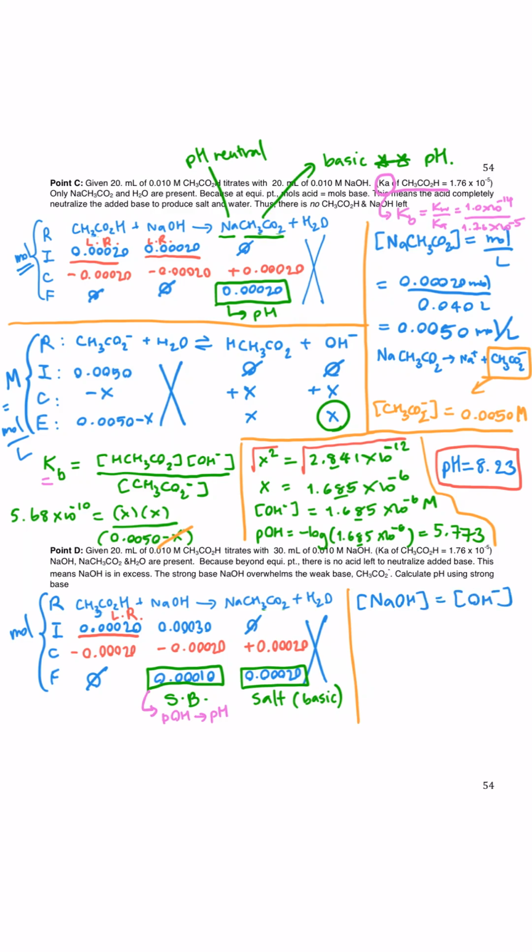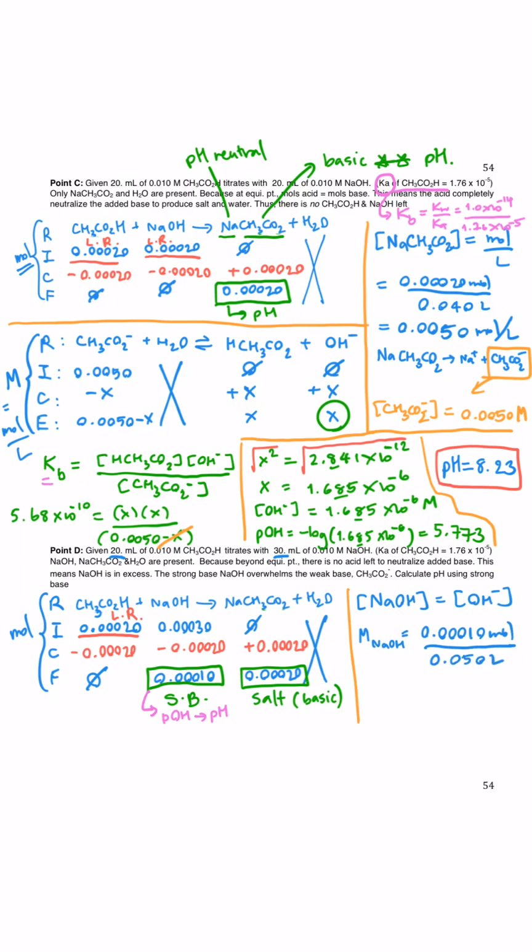In order to find the molarity of sodium hydroxide, we are going to divide the available mole of sodium hydroxide left in the solution by the total liters of the solution, which would come from the 20 added to 30, so the total would be 50 milliliters. Convert that into liters, you are going to get 0.050 liter.